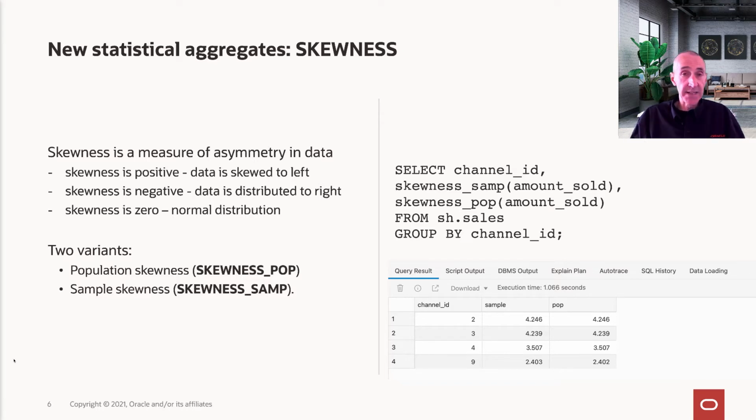If it's negative, your data is more skewed to the right. And if you get 0, you've got a perfect normal distribution. Bearing in mind that we're doing data discovery here, sometimes the data set's huge and you want a quick answer, so we've given you a sample option as well.